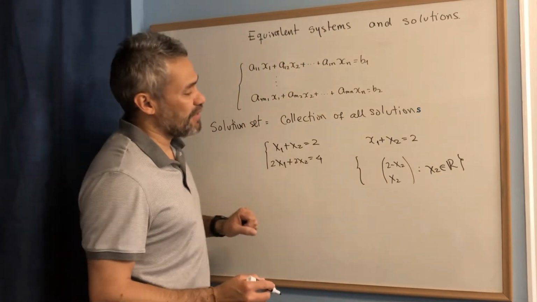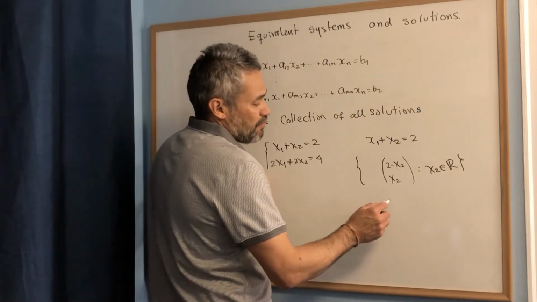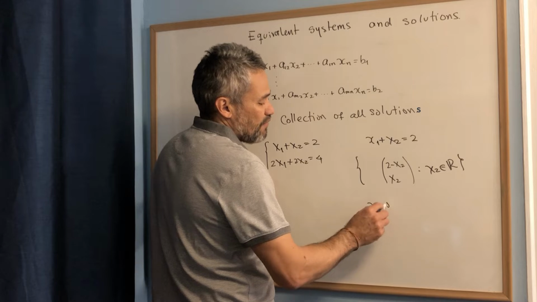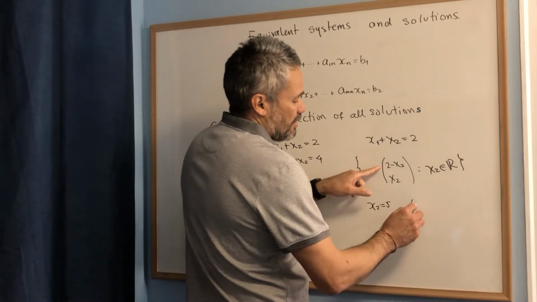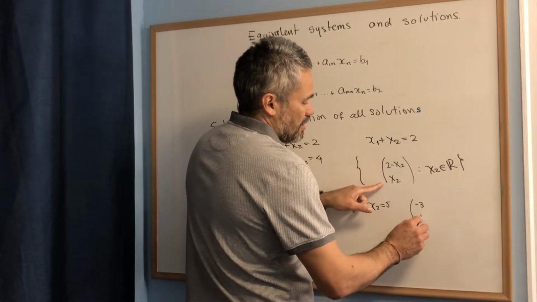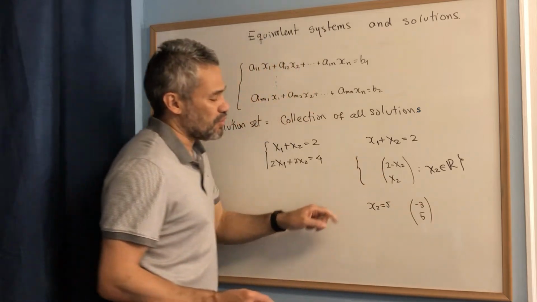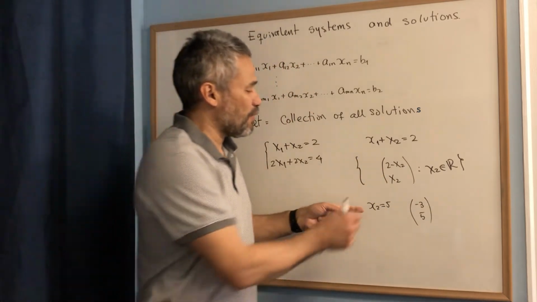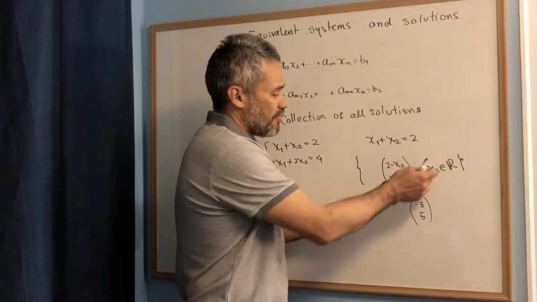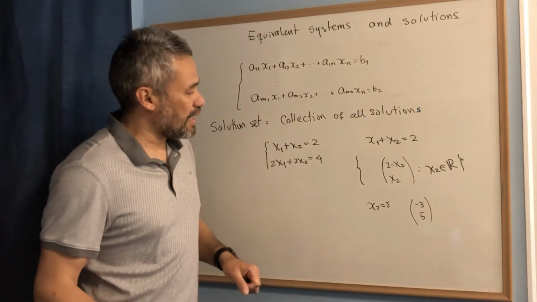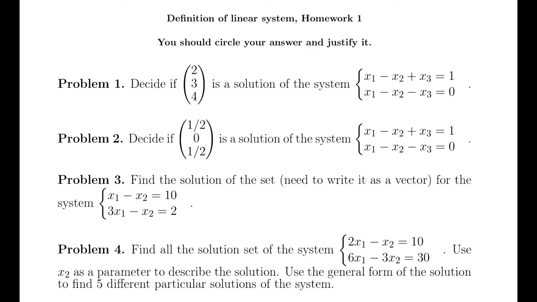Then here we have infinitely many. If we make x2 equal 5, then we will have that (-3, 5) is a solution. Then anytime we want to see a solution, we just pick a real number and we get a solution of the system. Please do this homework.